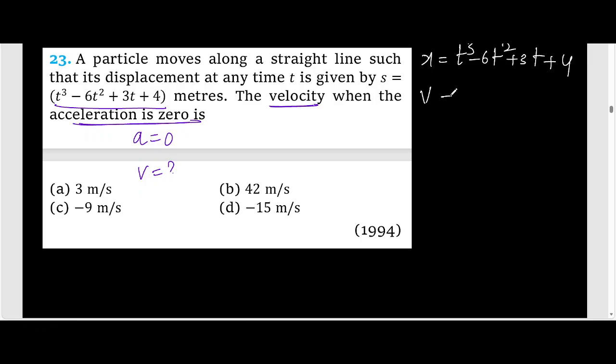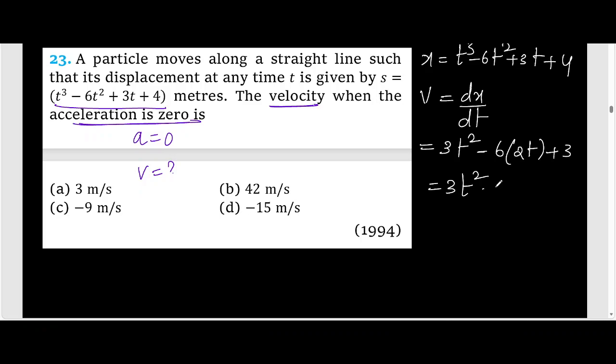It is dx upon dt, so differentiate. t cube gives 3t square, minus 6 into t square gives 2t, plus 3 into differentiation of t which is 1, and 4 differentiates to 0. So you will get 3t square minus 12t plus 3. This is the velocity. Take it as equation 1 and keep it on hold for some time.